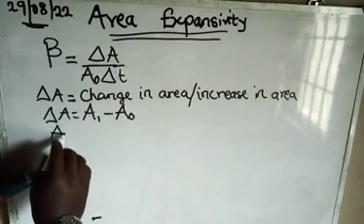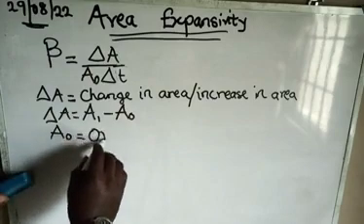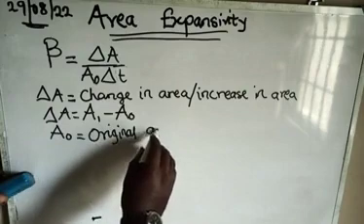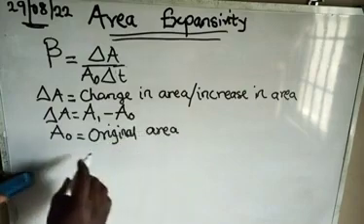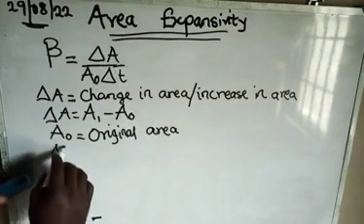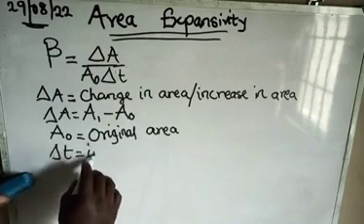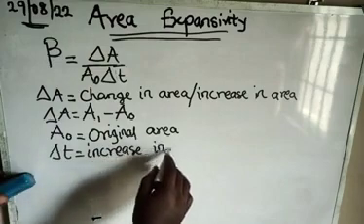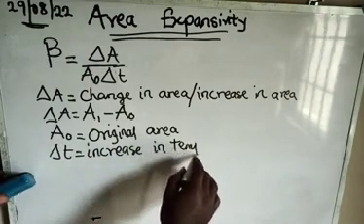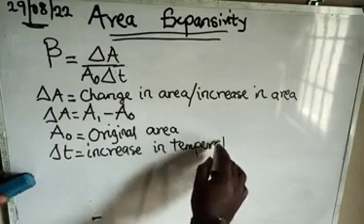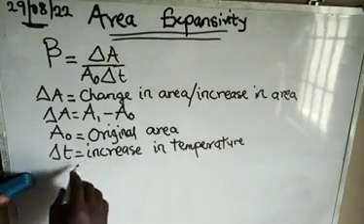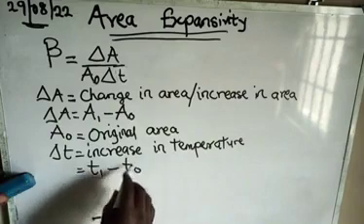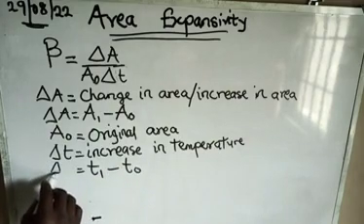My A0 is the original area of the solid. My change in T is the increase in temperature, which is the same as the new temperature minus the original temperature. That's my change in T.